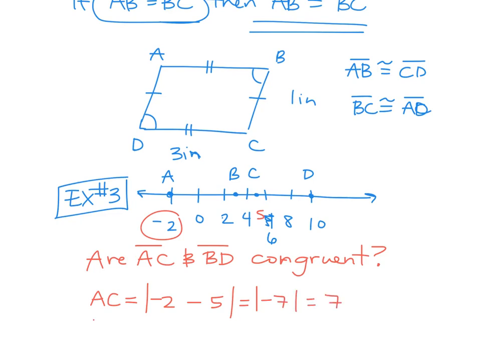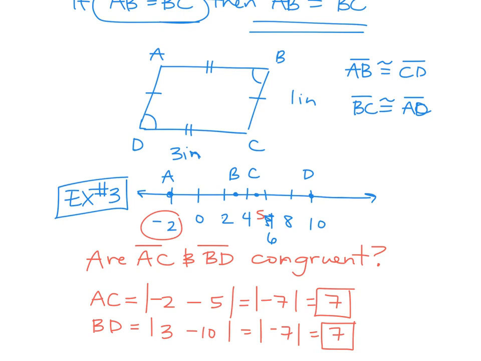Okay. Then for BD, we're going to take the absolute value of the difference again. Where is B? What value? B is at 3. Where's D? 10. So we're doing 3 minus 10, which would be the absolute value, again, of -7, which is 7.